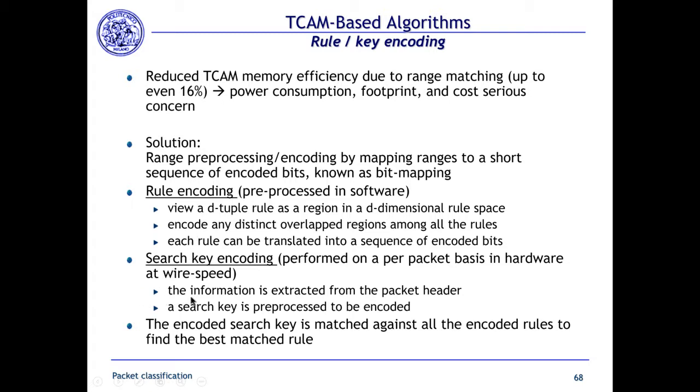So instead of taking directly the values of the fields that are coming from the packet, we have first to process these values in order to transform them into a search key whose encoding matches the rule encoding. Once we have done these two encoding operations, then we can use the TCAM in the regular way to find out the result.